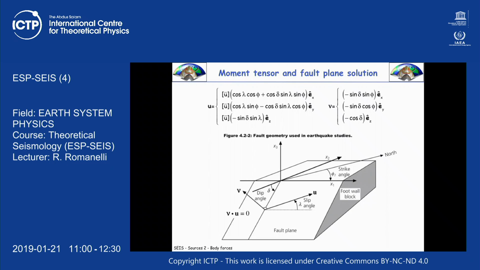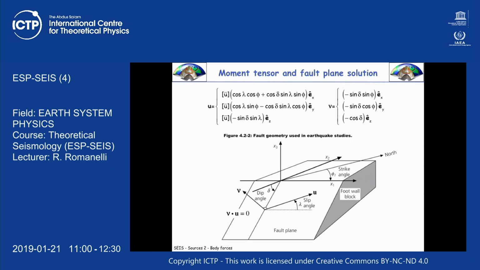Well, it's the normal to the fault, and n can be described with strike and dip. So this is very simple. With some trigonometry, we can get the relation between U and n in terms of the other three angles, that usually are the more geological ones. So strike, dip, and rake can be used to express U and n.